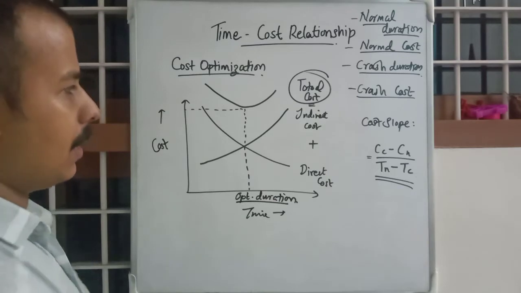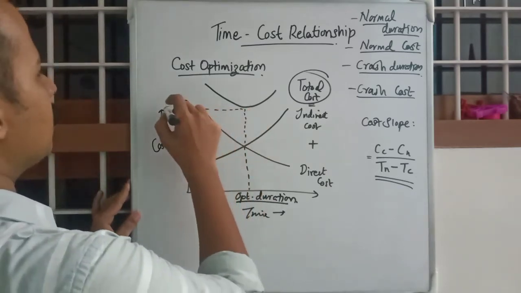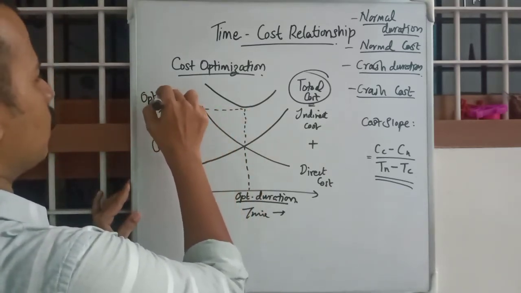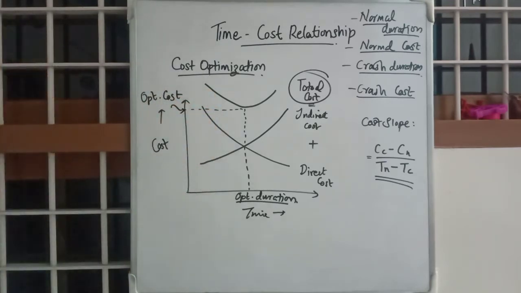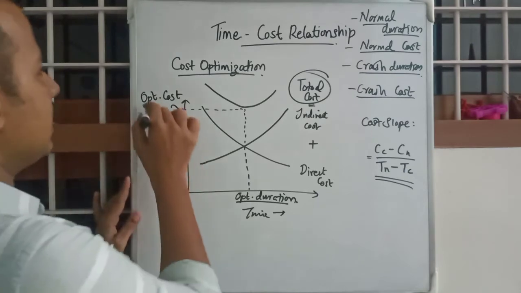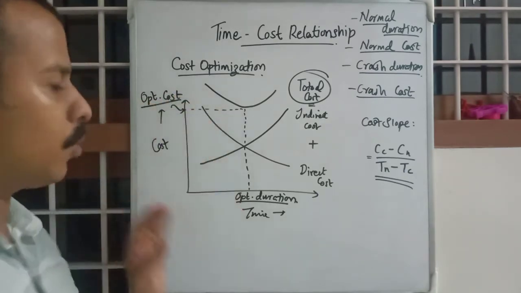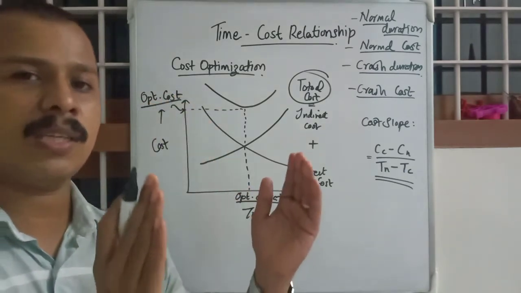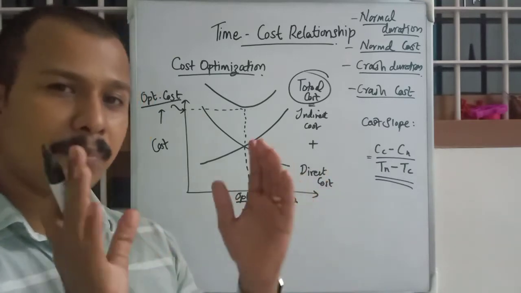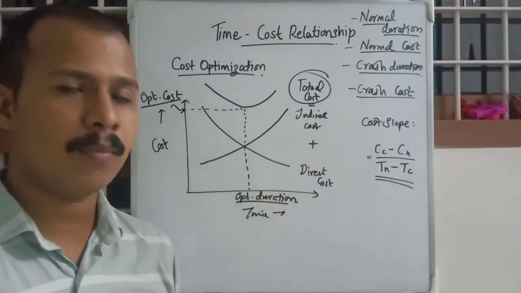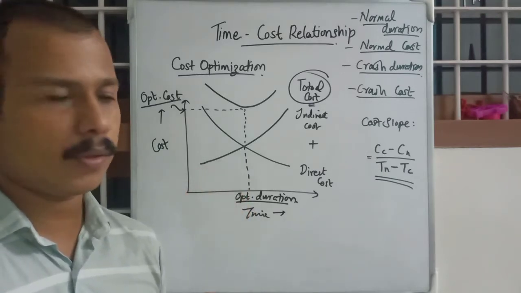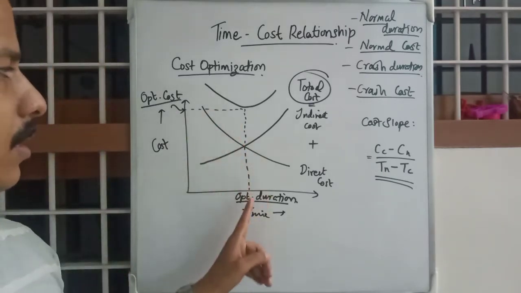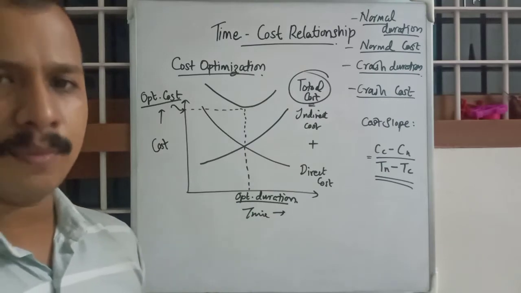Okay, in which you have optimum cost. So optimum duration is the duration of the project in which the project can be completed at the optimum or minimum most cost. Okay, so that is important.